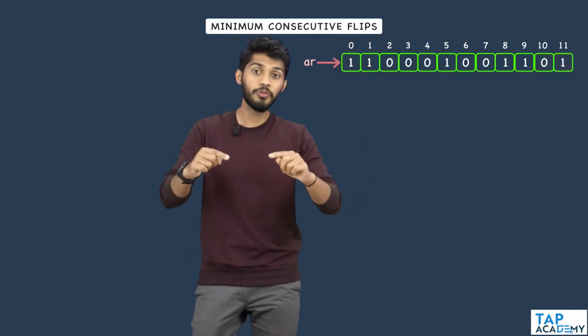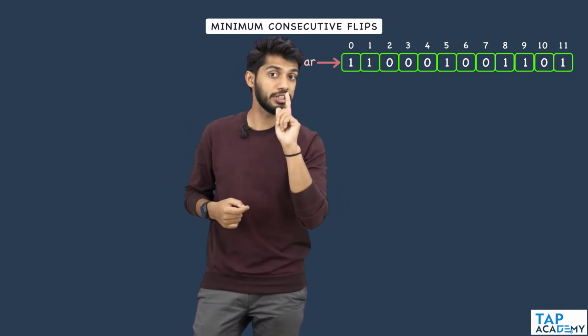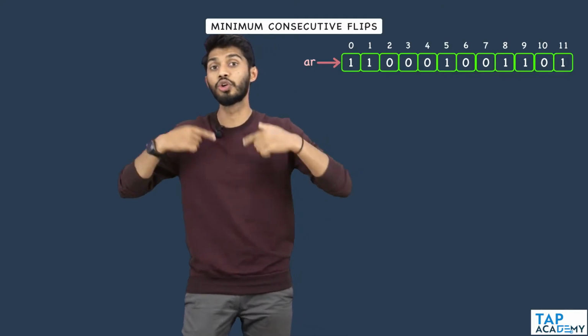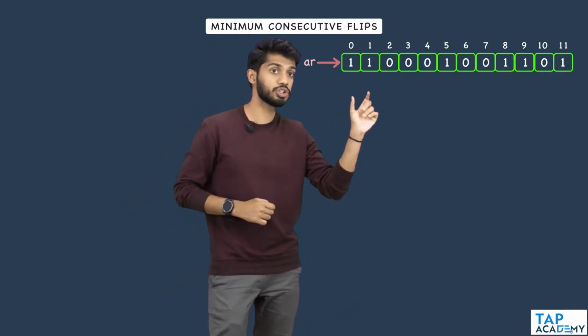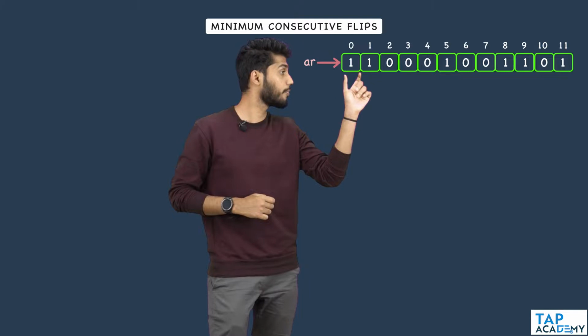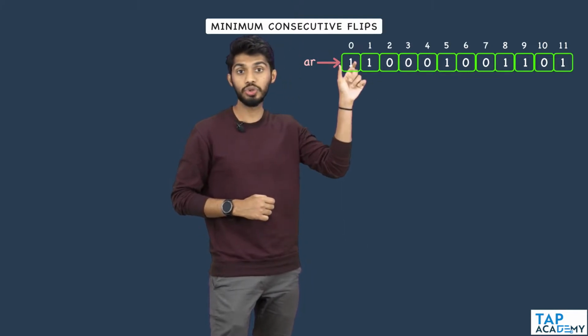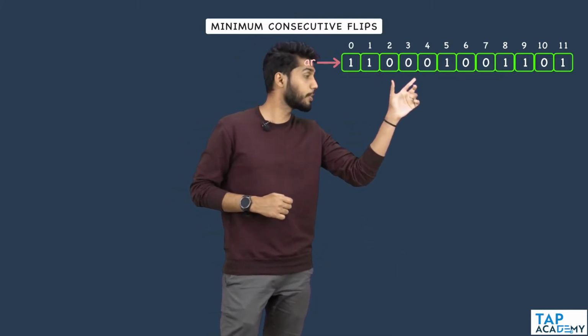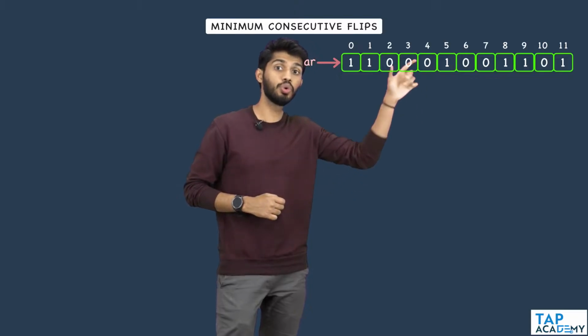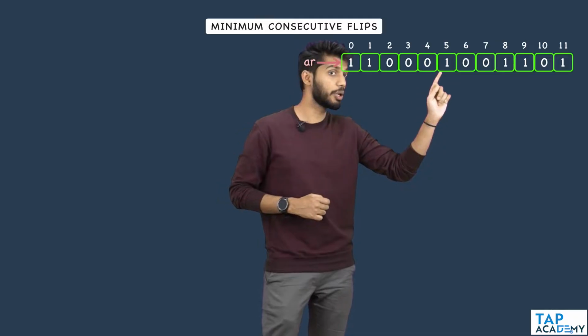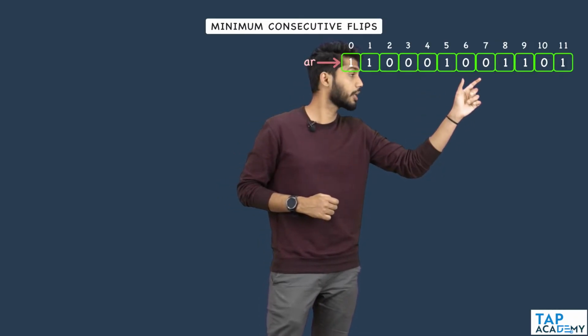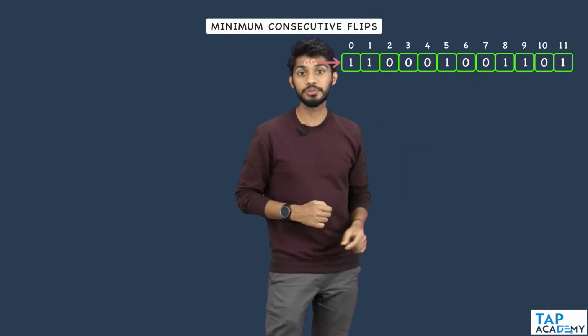Whenever you are flipping, you are not flipping a single element, you are flipping the whole group. So whenever you are flipping both of these ones to zeros, or all three zeros to ones, or this particular one to zero, or these two zeros to ones.